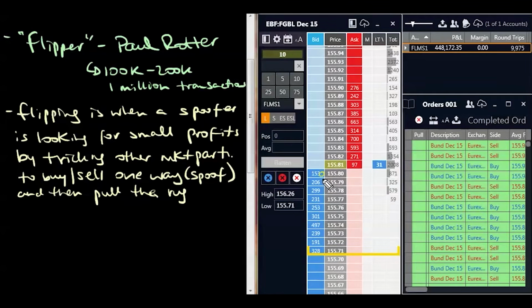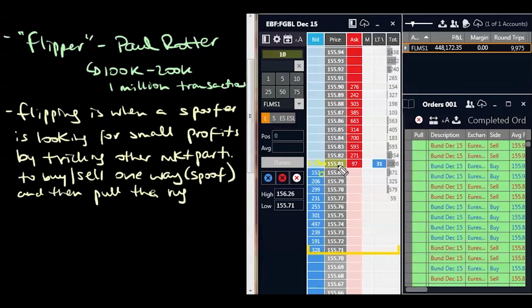The spoofer comes in on the bid at 155.80s, and that'll force a lot of traders to start buying at 155.81s. They'll start buying 20 lots, 100 lots, whatever, accumulating a position of, let's say, 200 to 300 lots. And as they're buying into the 81s, he's actually selling the 81s. So he's absorbing this volume.